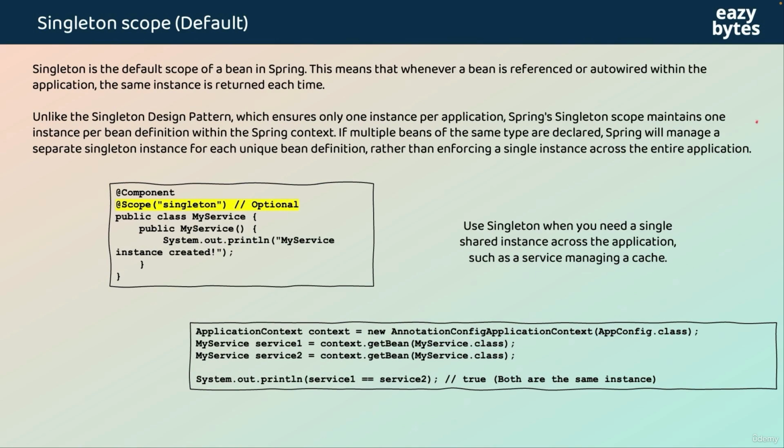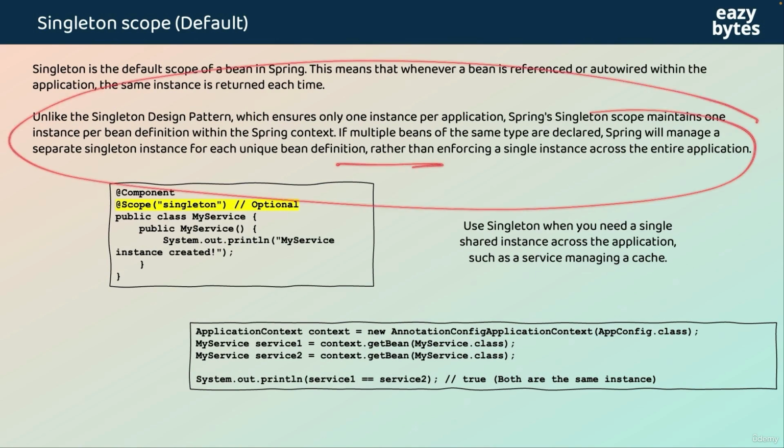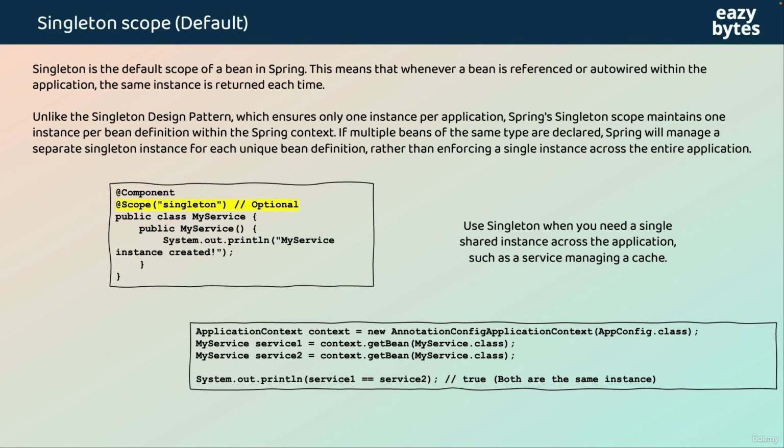Here, there is an important point which I want to discuss in detail. There is a singleton design pattern available in the industry. With the help of this singleton design pattern, developers usually ensure only one instance of an object is available inside the entire application. That is also what we are trying to do with the help of the Spring singleton scope.